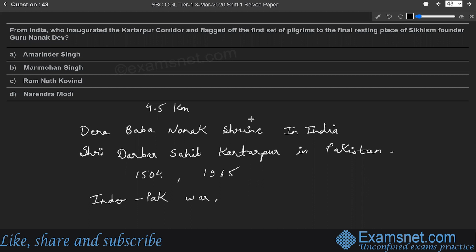But do you know how the idea of making such a corridor came up? The idea was mooted during the tenure of Prime Minister Atal Bihari Vajpayee. And it was finally inaugurated on the 550th birthday of Guru Nanak Dev.